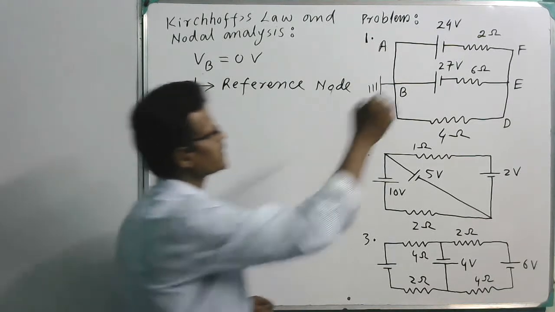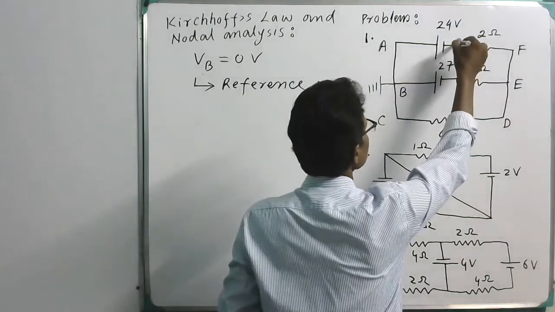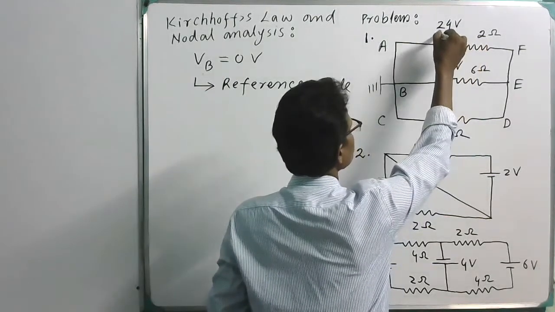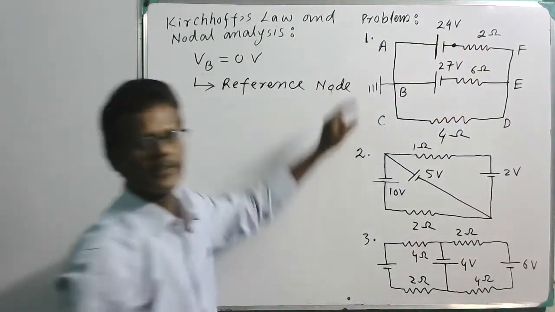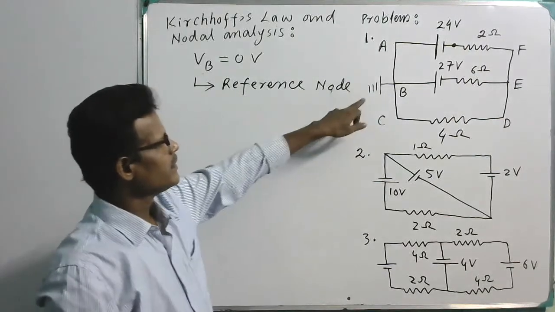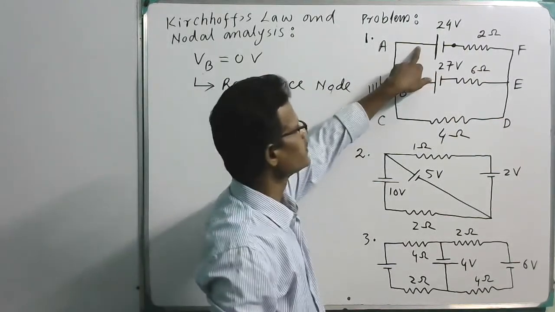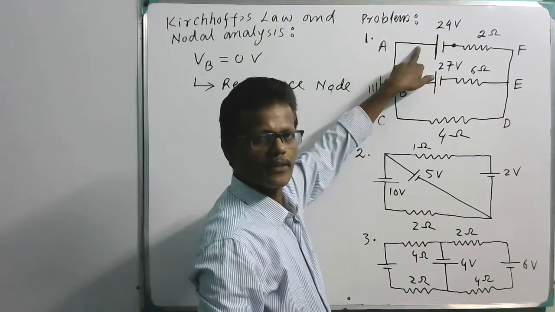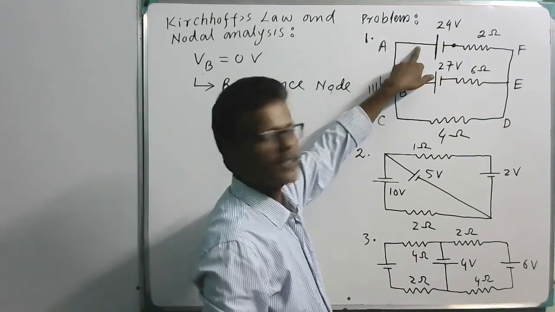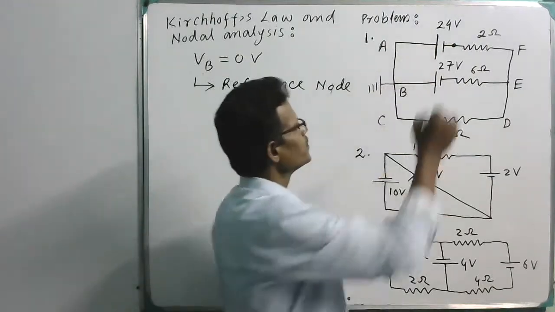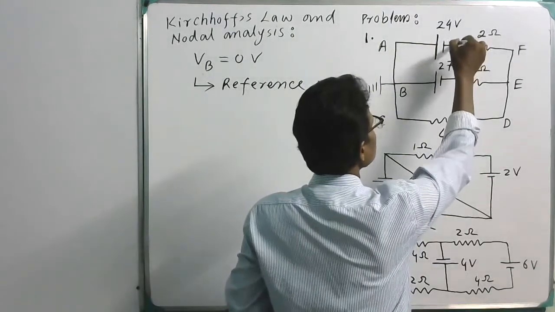So what is the voltage at this point? Now the positive terminal of the cell is grounded, so this is 0 volt. The potential of the positive terminal of the cell is now 0 volt. So what is the potential at this point?